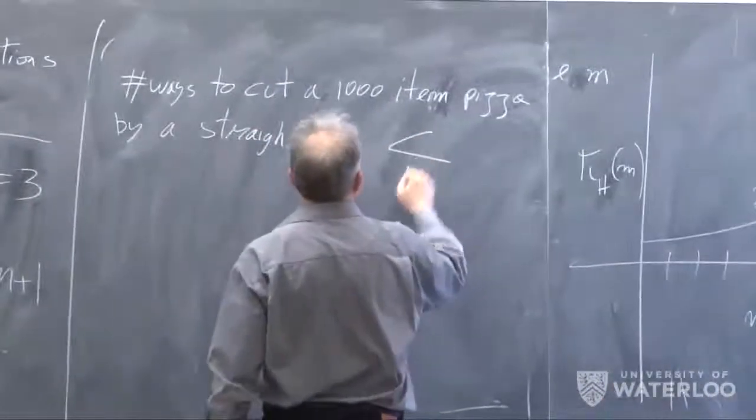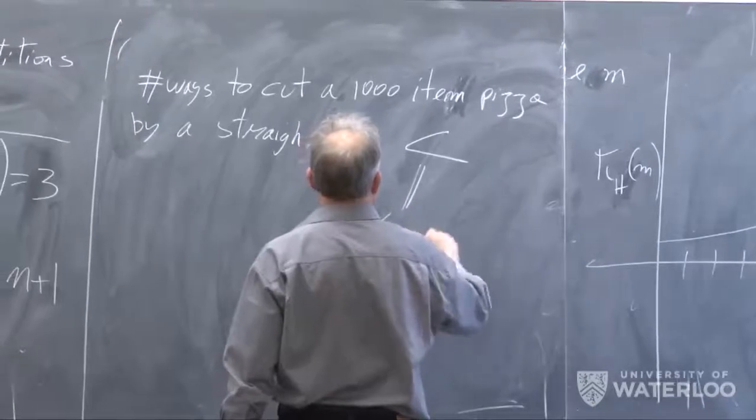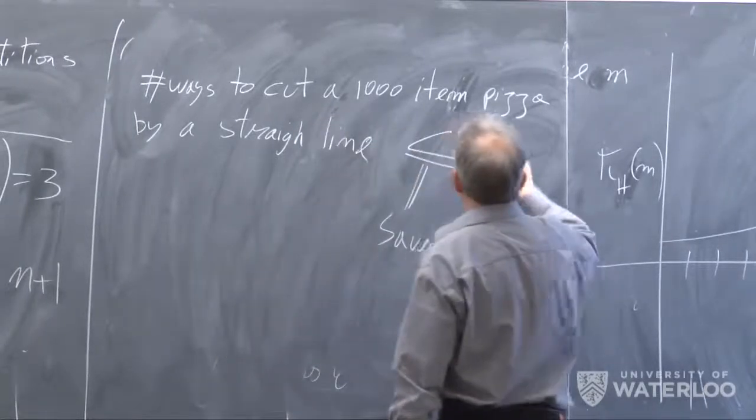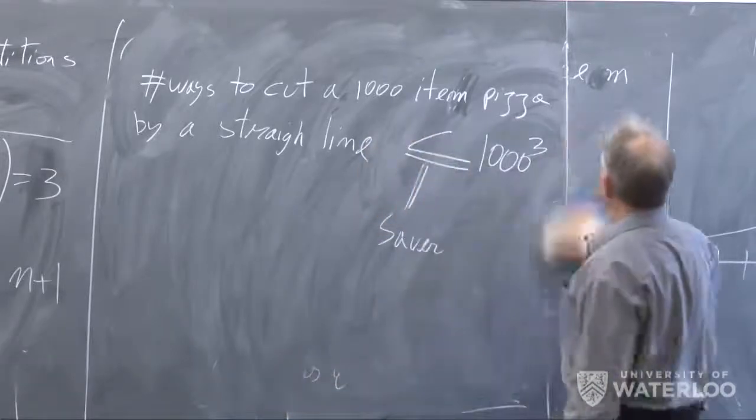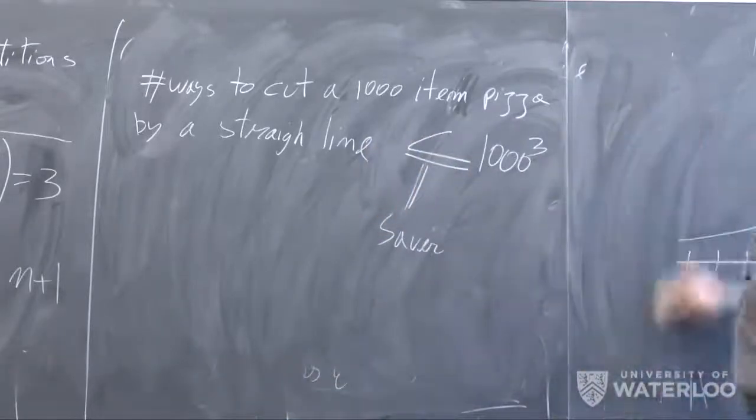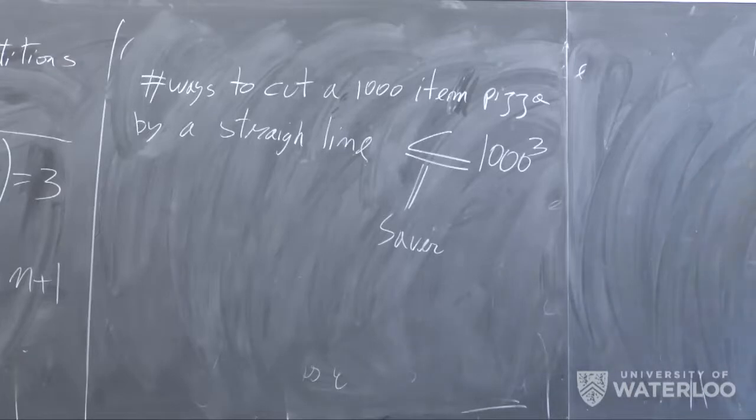So it is at most 1,000 to the power 3, because the VC dimension of all lines in R2 is just 3.